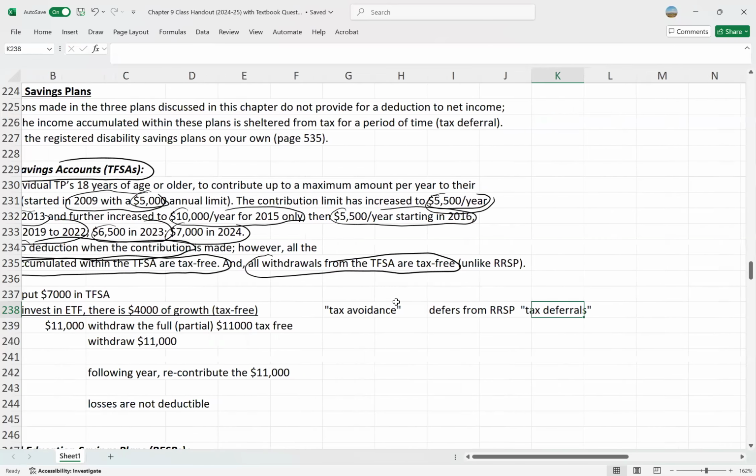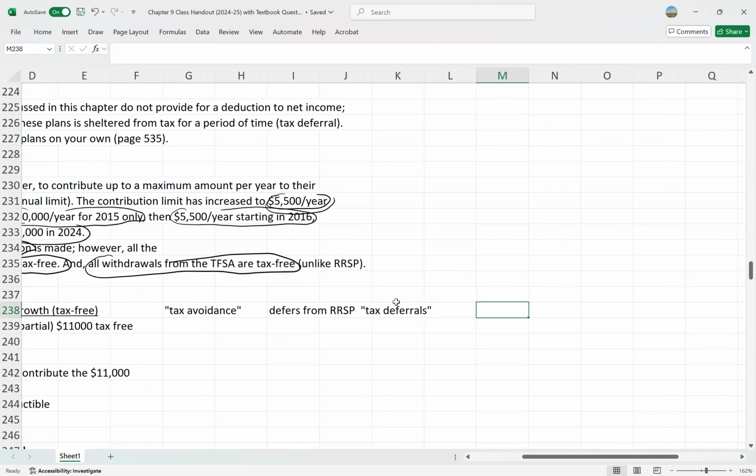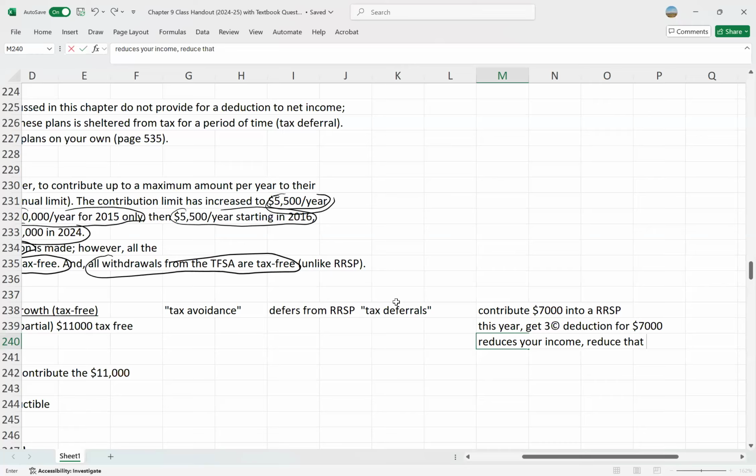So let's just talk quickly about RRSPs. For RRSPs, let's say that you contribute $7,000 into an RRSP. And so the year that you contribute, so this year, you're going to get a 3C deduction for 7,000, and that basically reduces your income, and so basically that's going to reduce the tax payable.